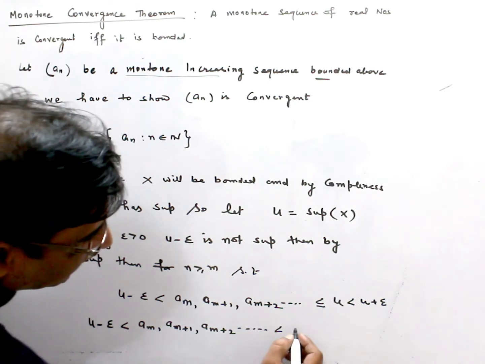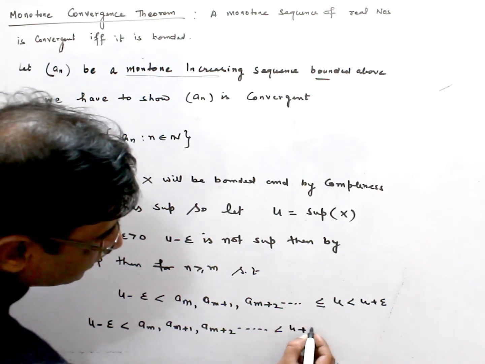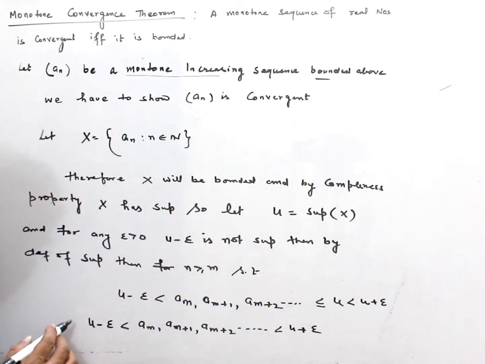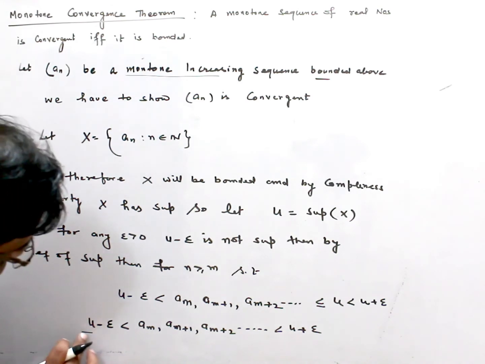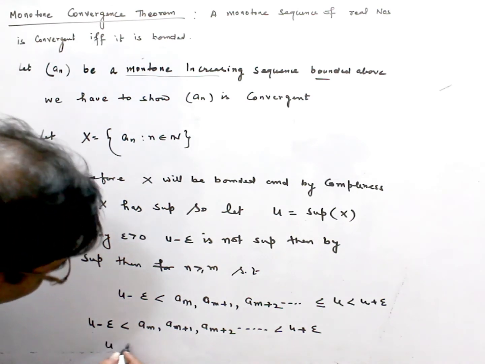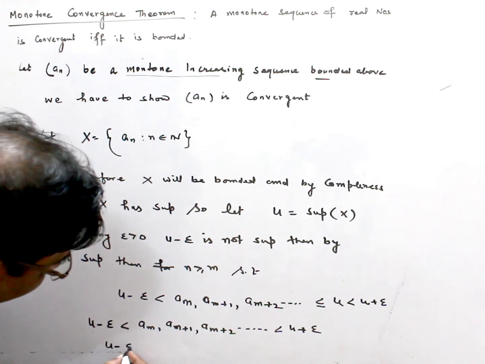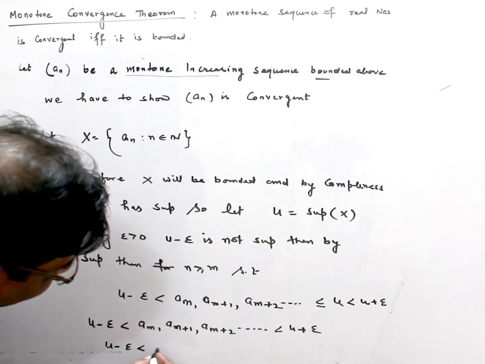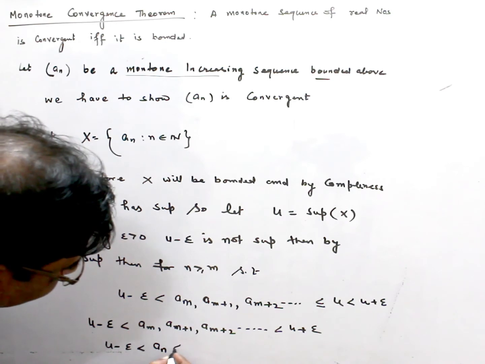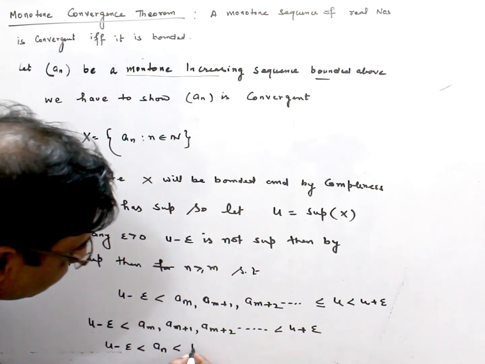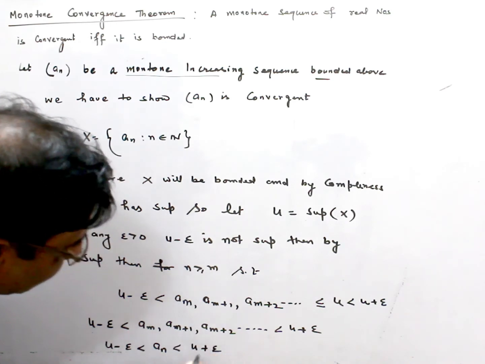This is simply less than U plus epsilon. Now, how can I write this? I can write U minus epsilon less than a_n less than U plus epsilon.